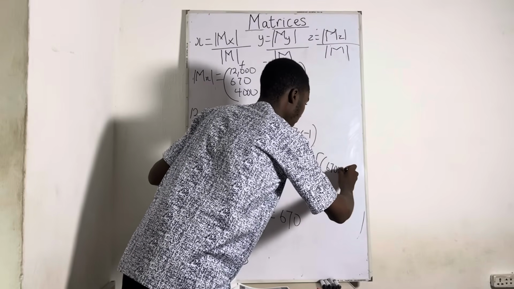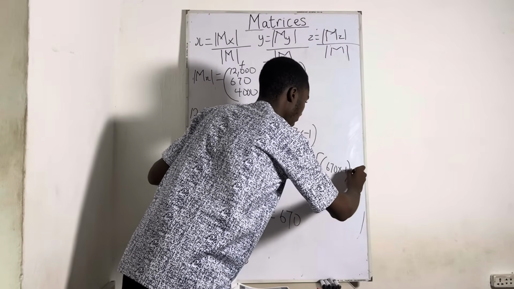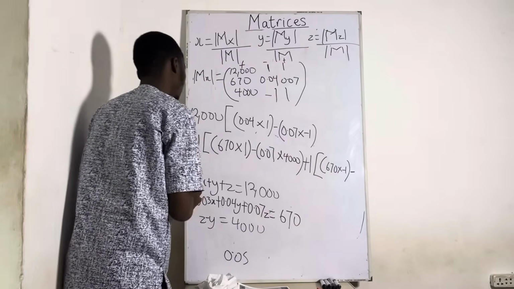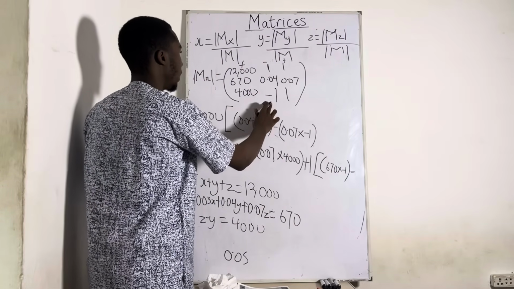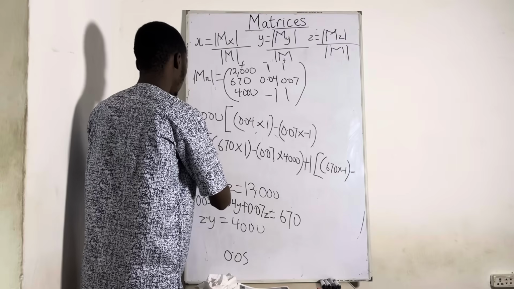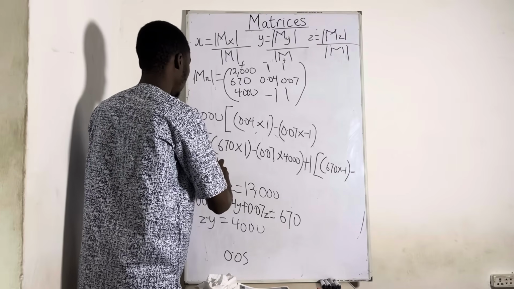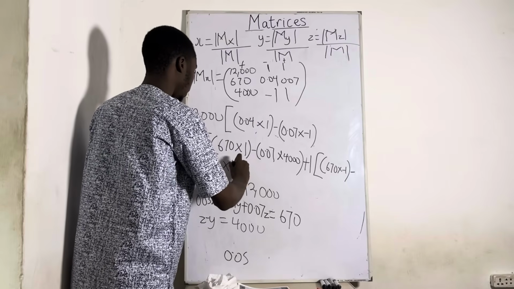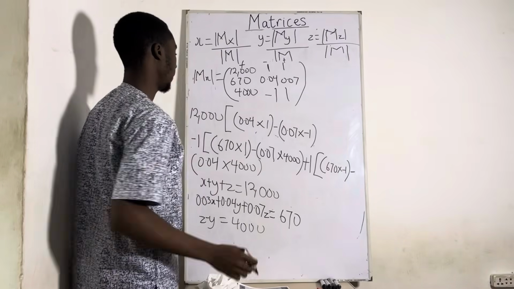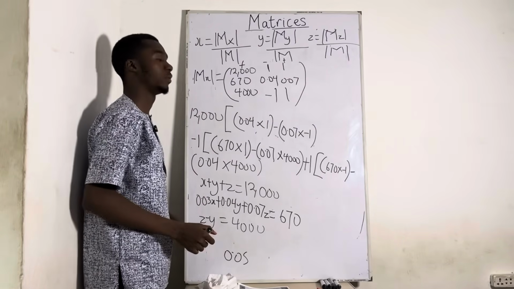Minus, let me bring the rest here, minus into brackets 670 times negative 1 minus 0.04 times 4,000. So I hope no one is confused.